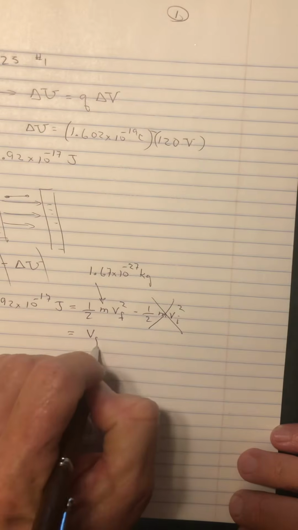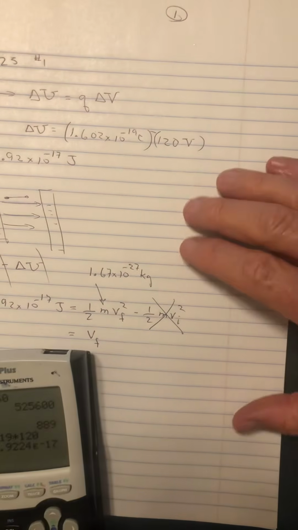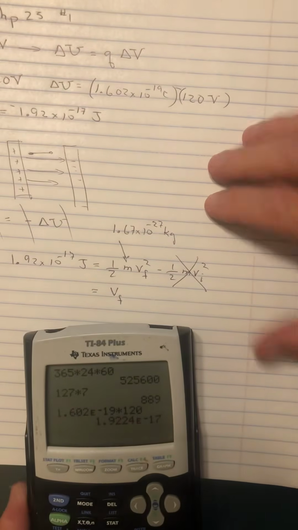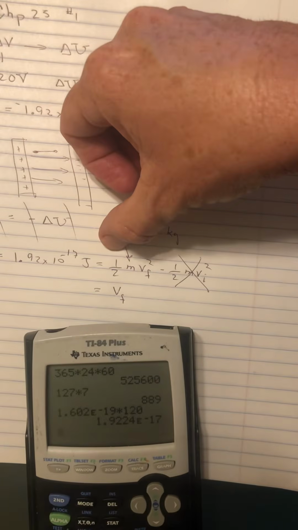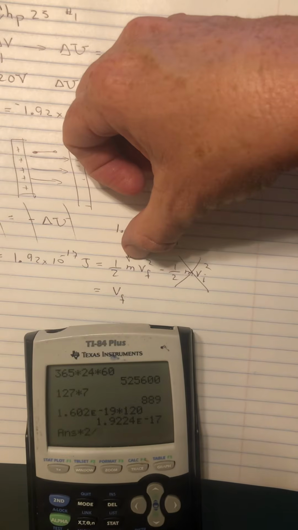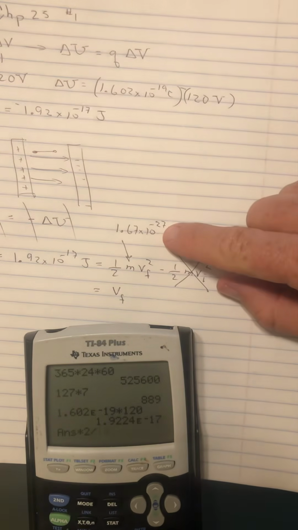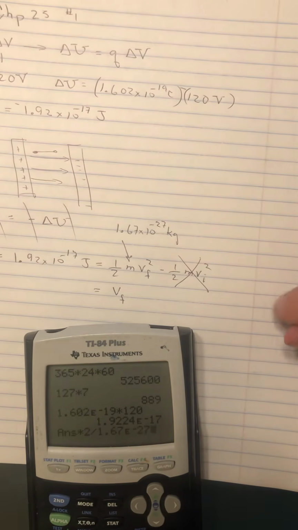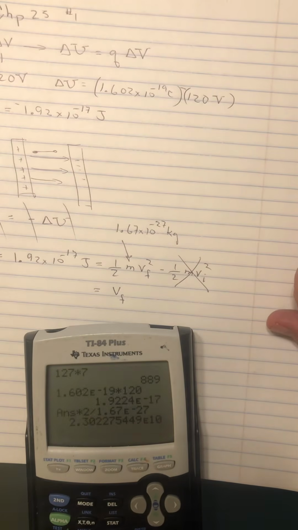So if we put that in and do a little calculator work here, so come back to my calculator. Okay, so there's the energy. So times 2, then divided by its mass, 1.67 times 10 to the negative 27. And then take the square root of all of that.